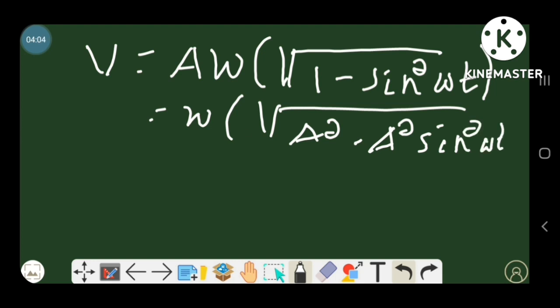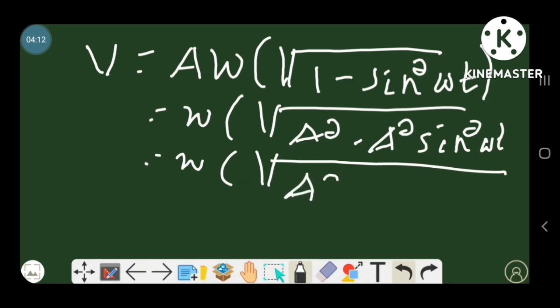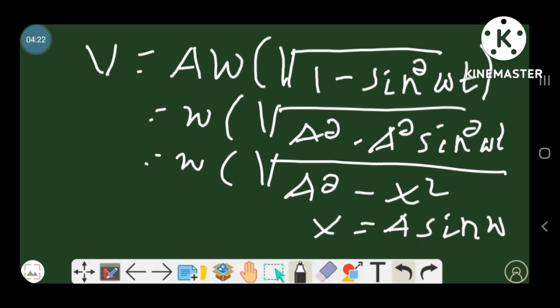From this we can express it as the square root of a square minus x square, since x equals a sine omega t. When we square both sides, this quantity can be replaced by x square.